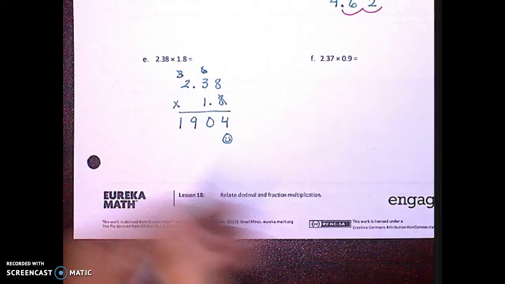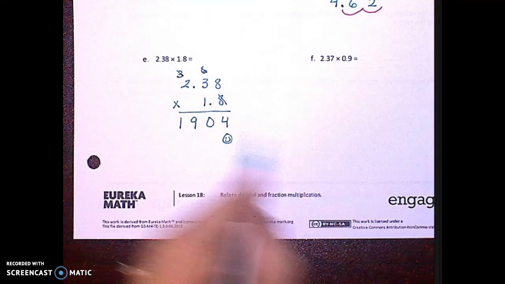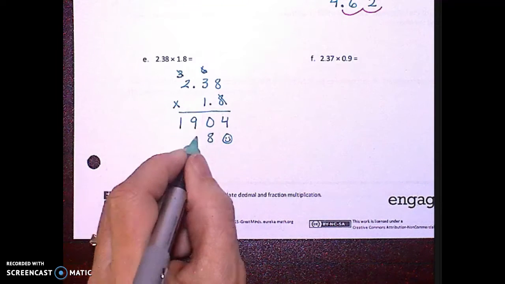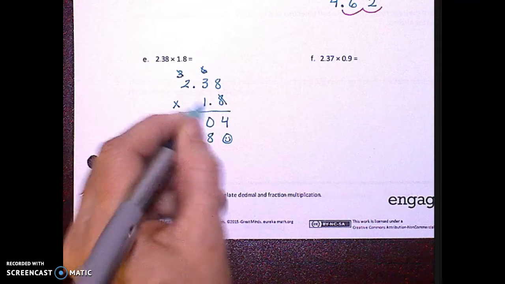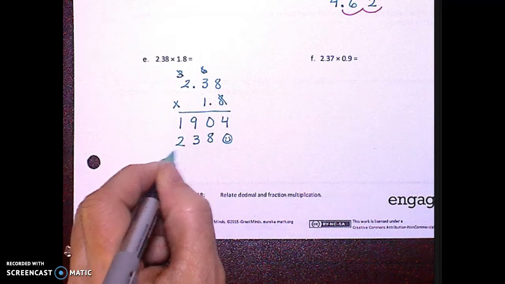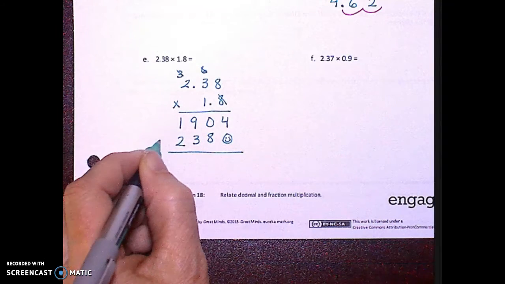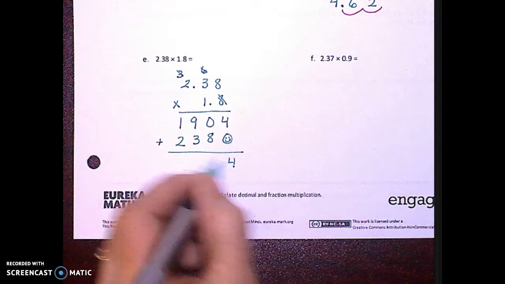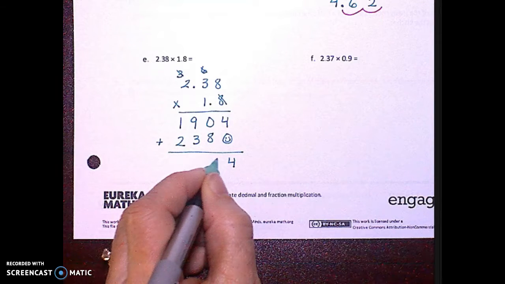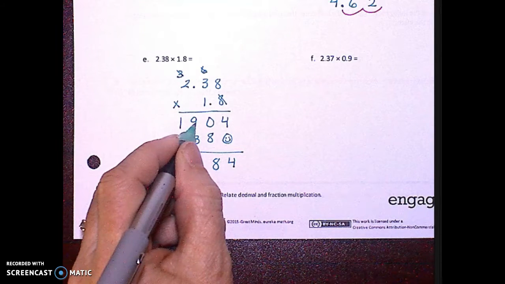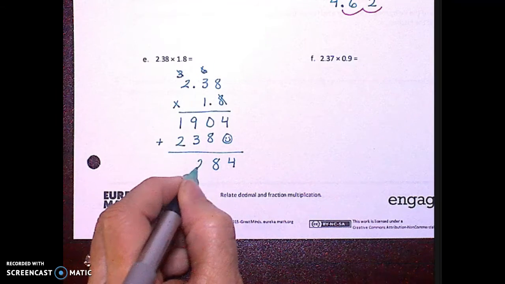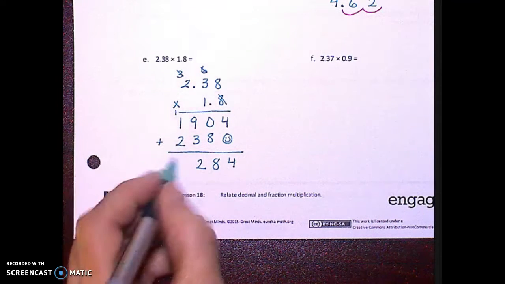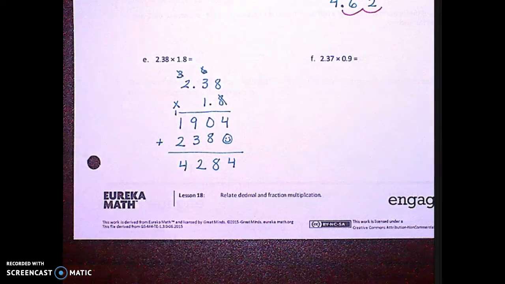This next row is really easy because it's times 1. 1 times 8 is 8. 1 times 3 is 3. 1 times 2 is 2. Now you're going to add straight down. 4 plus 0 is 4. 0 plus 8 is 8. 9 plus 3 is 12. 1 plus 1 plus 2 is 4.